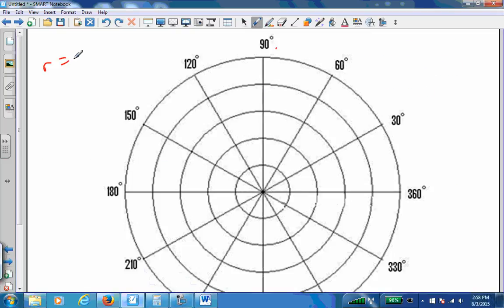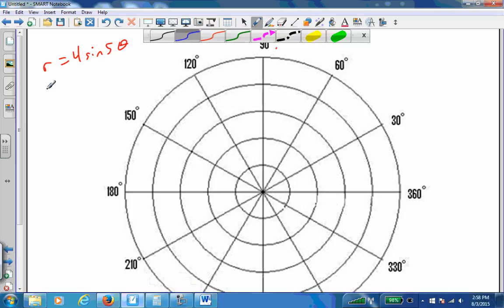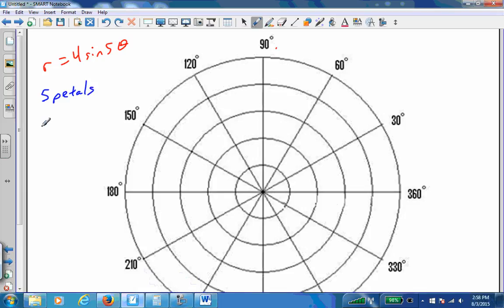If we have r equals 4 sine 5 theta, if this is odd, then we have that many petals. So we have 5 petals.